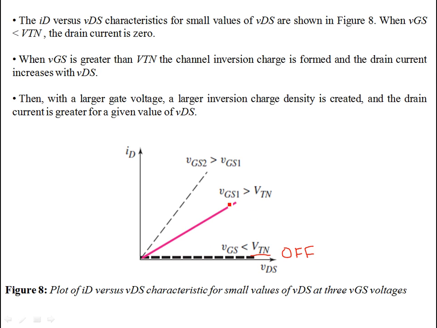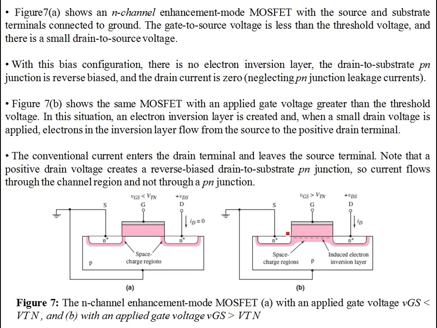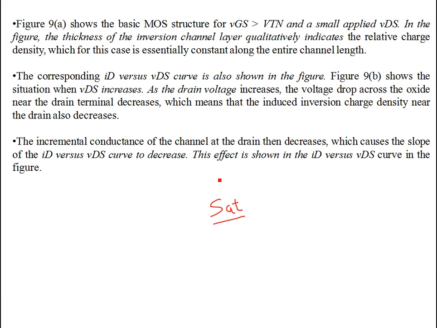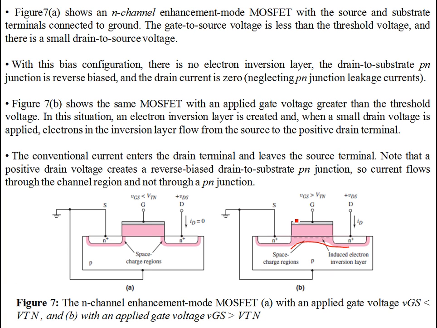But as you increase the gate to substrate voltage such that it's greater than the minimum threshold voltage required to establish the channel, you can have a current flow from drain to source. Once this channel is established, going on increasing the gate source voltage means you are increasing the electric field from gate to the substrate body.